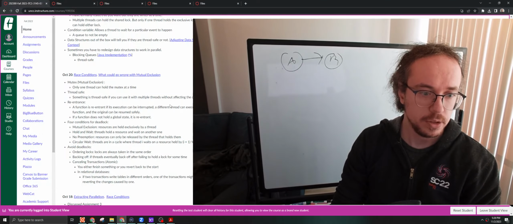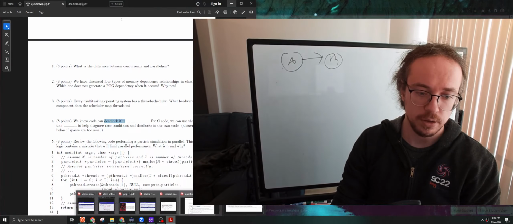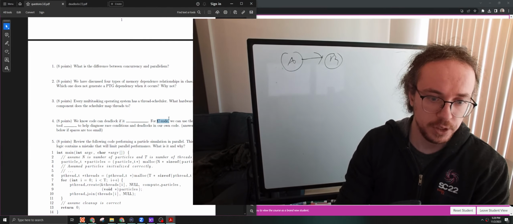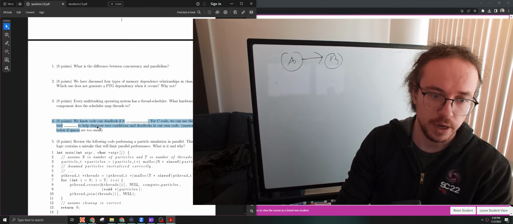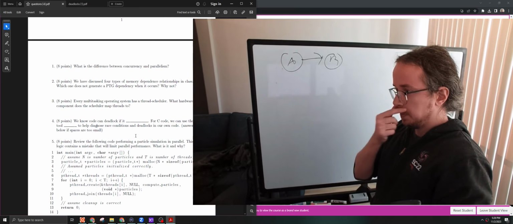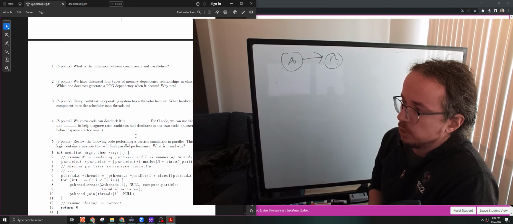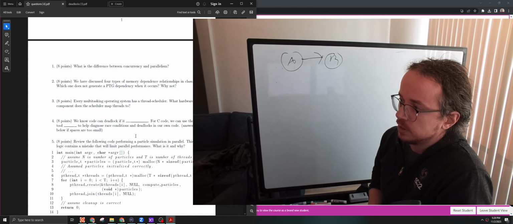What tool can help us was the other part of the question. For C code, we can use the tool blank to help us diagnose race conditions. You might recall this is the same tool that helps us do memory checking, memory error conditions also.